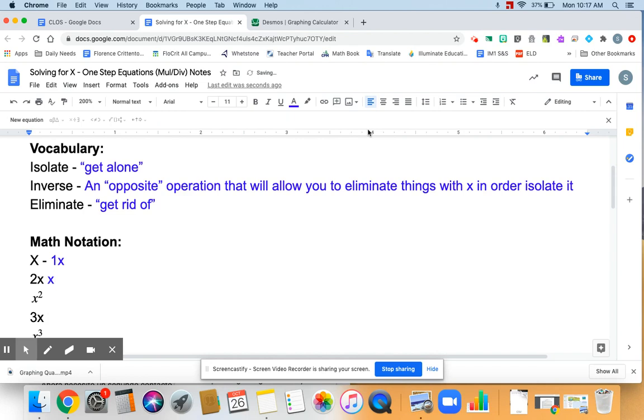So if I had one x here and another x getting added together, then I would have two x's, which I can combine like this. But that's not all 2x means, because let's pretend x was 5. So 5 plus 5 equals 10.